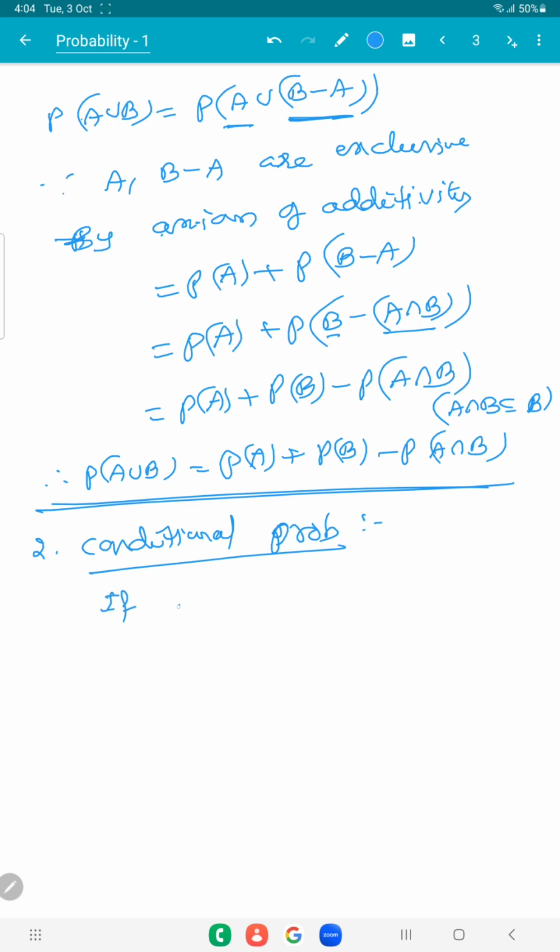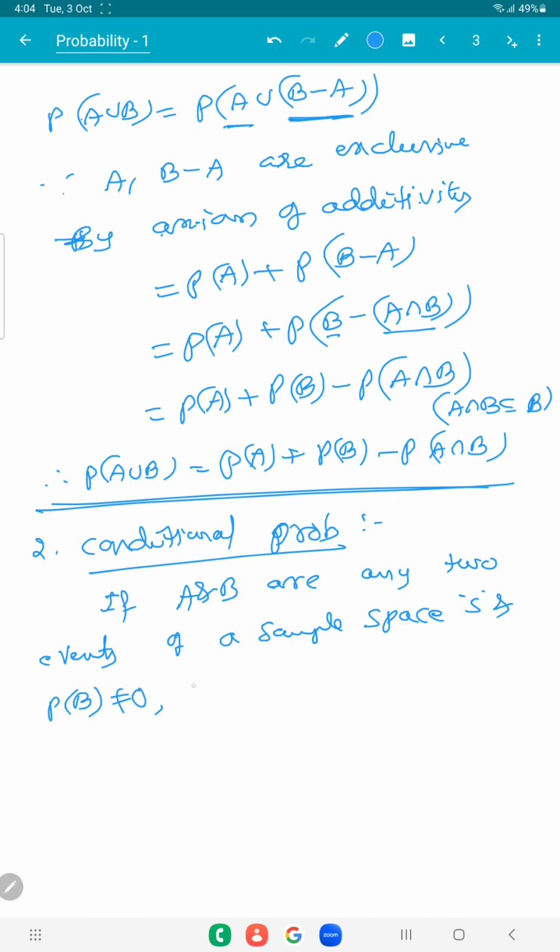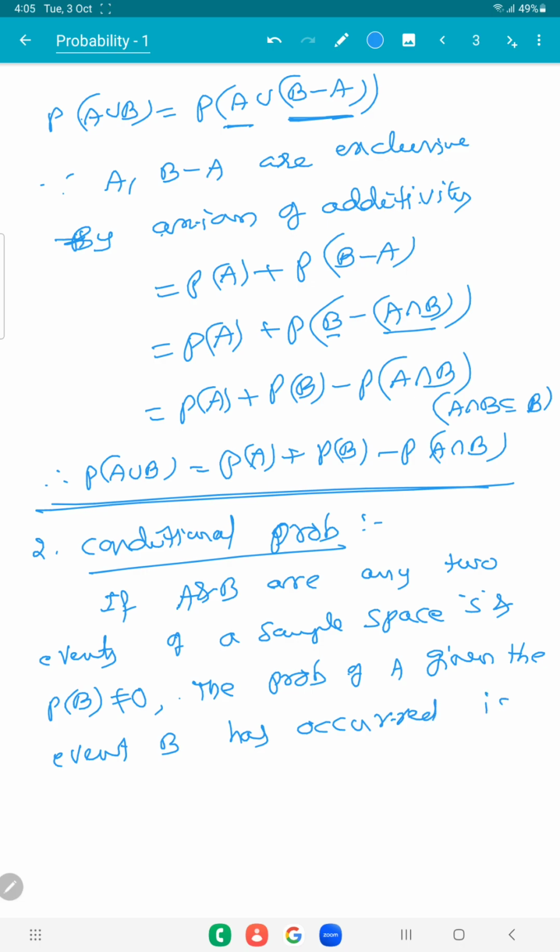If A and B are any two events of a sample space, and P of B is not equal to 0, the probability of A given the event B has occurred is called the conditional probability.